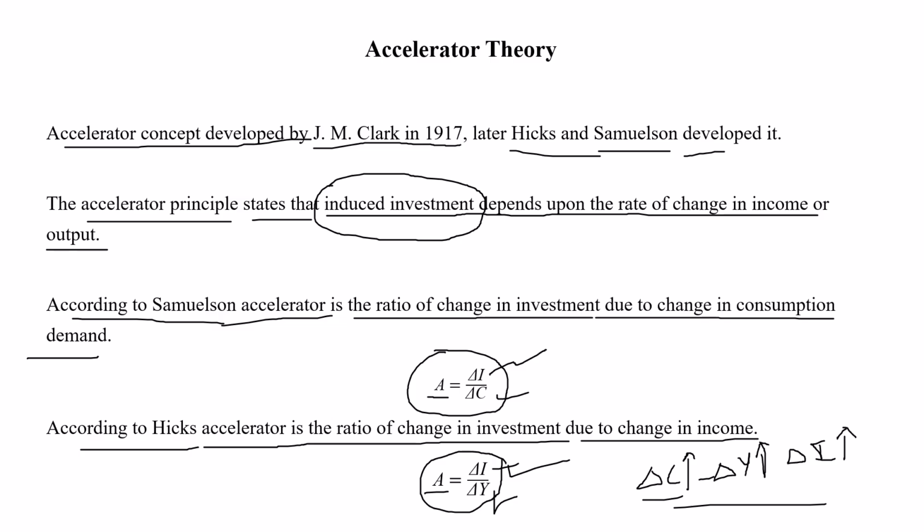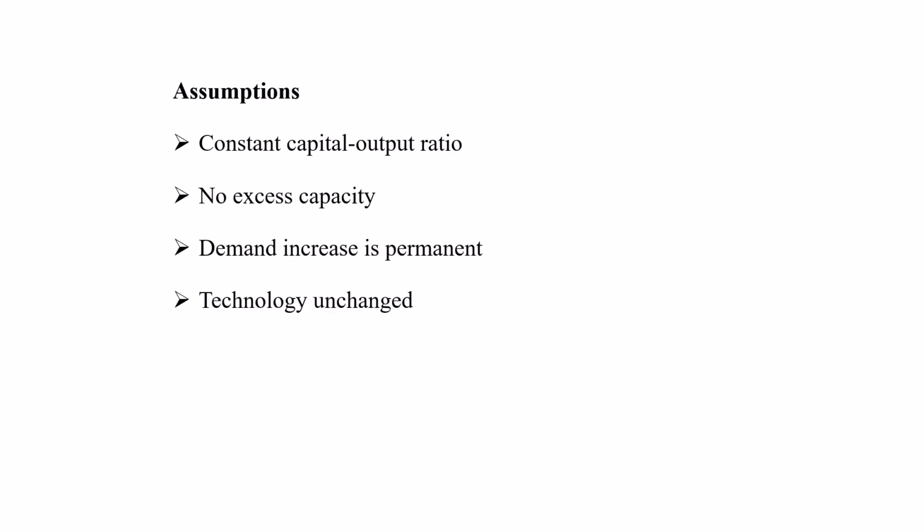The next is assumptions. What are the assumptions of the accelerator theory or accelerator principle? The constant capital output ratio. As per the accelerator theory, the capital output ratio is constant. For example, 1 unit of capital produces 2 units of output, which means 1 upon 2.